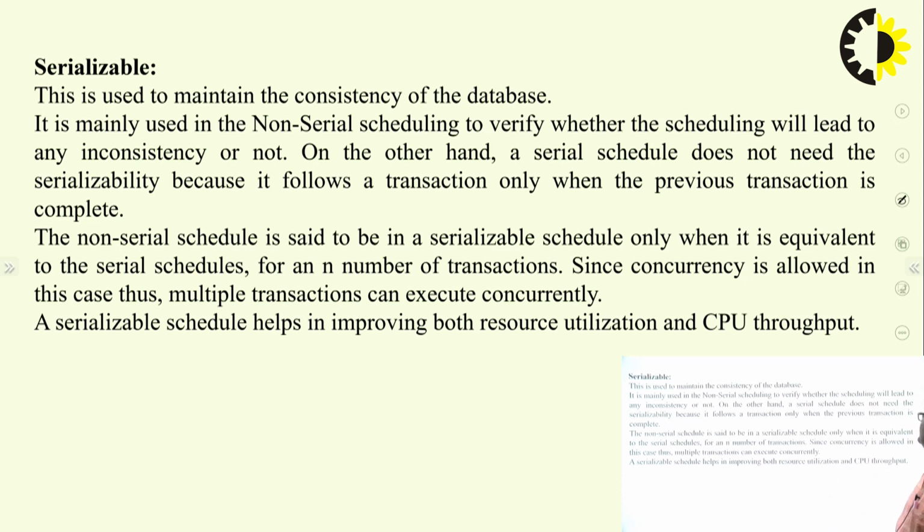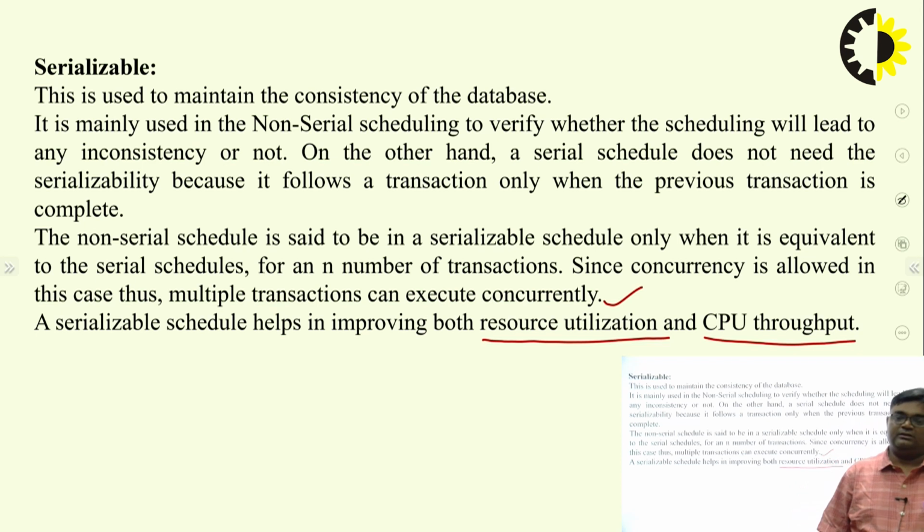Since concurrency is allowed in this case, multiple transactions are executed concurrently in a non-serial schedule. A serializable schedule helps in improving both resource utilization and CPU throughput, as a resource should not wait for one transaction to complete; it can be used by another transaction.